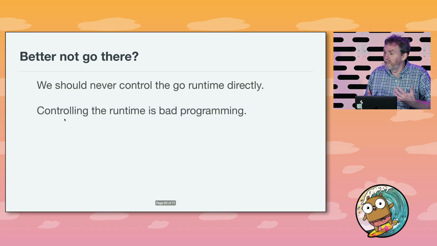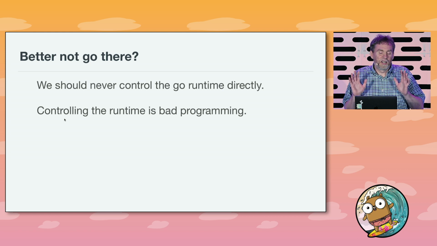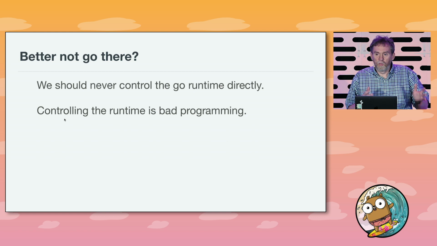One reason somebody might think it's a bad idea is they could say, look, once you start doing stuff like that, and we saw this in some of those quotes I presented about why it's somewhat weird and dangerous to use lock OS thread, for instance. Controlling the runtime is bad programming.